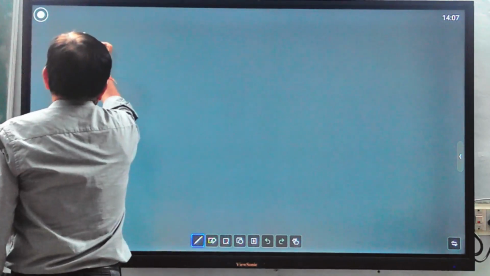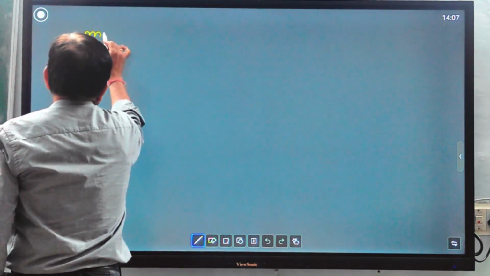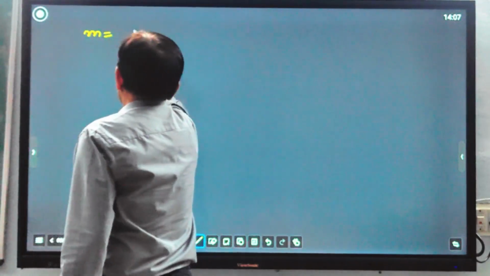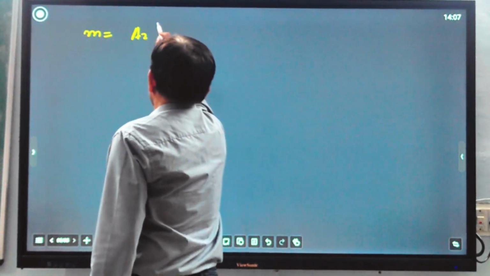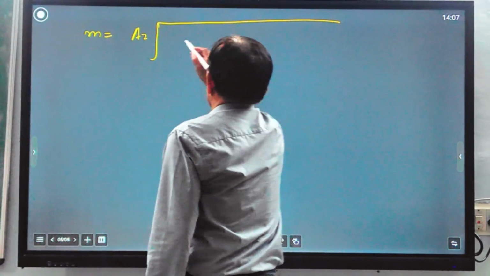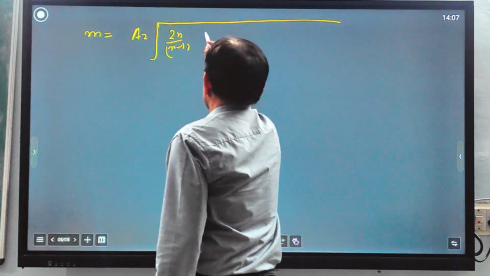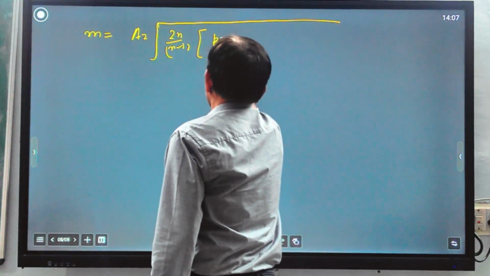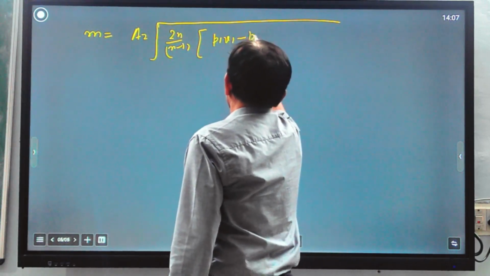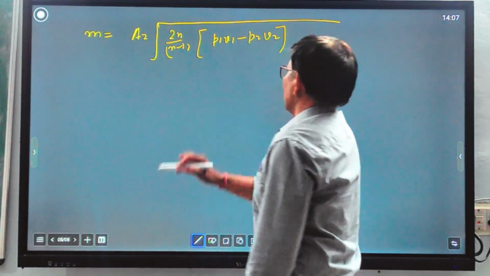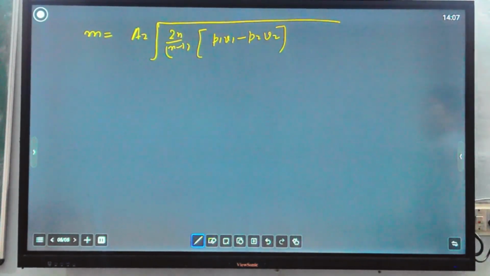So already we have calculated m equal to A2 under root 2n upon n minus 1, and that was the simple equation with P1 V1, again taking P1 V1, P2 V2, because we want to calculate the velocity of steam when there is a maximum discharge.